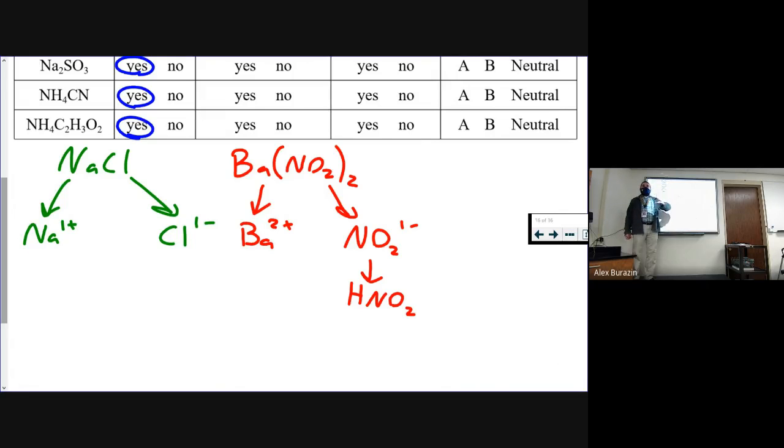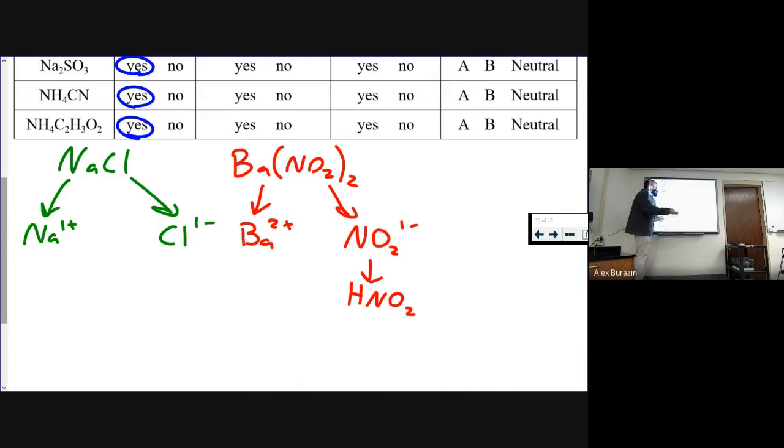Remember, weak means middle. Therefore, the conjugate base of that, which is nitrite, is weak. Again, if one thing is weak, its conjugate is also weak. That's the middle ground. Weak substance, weak conjugate.